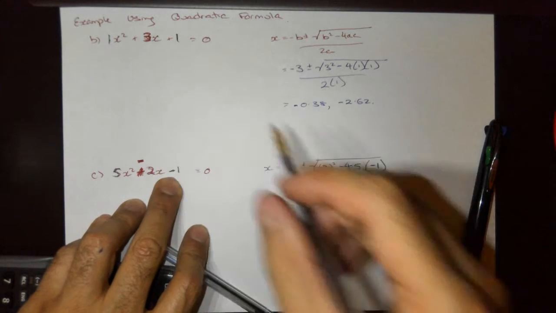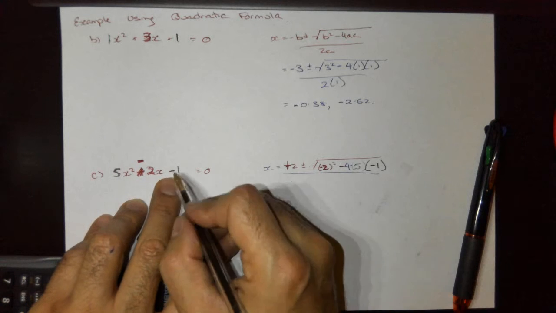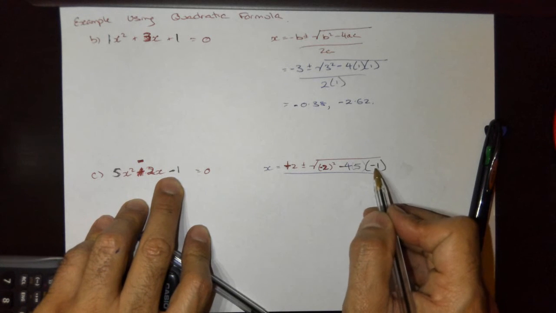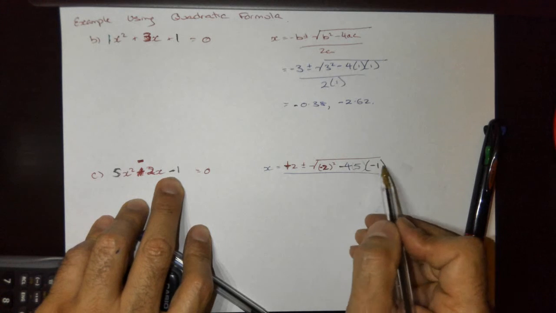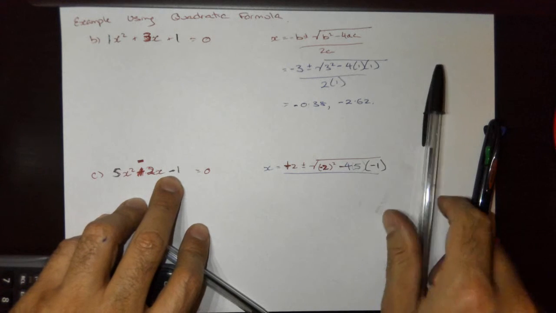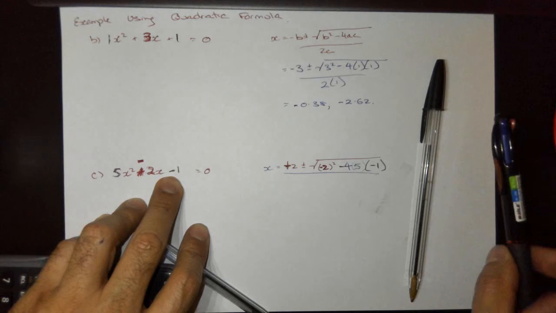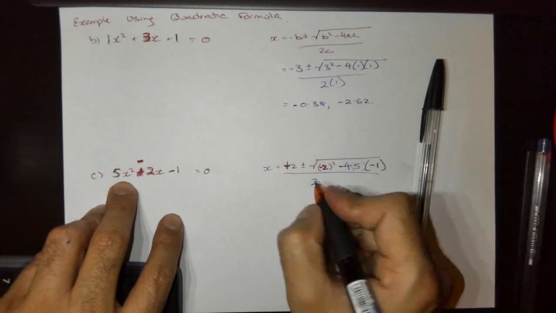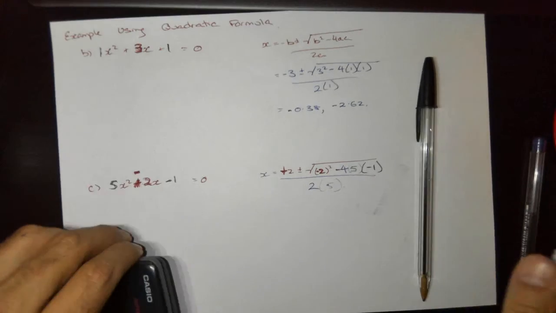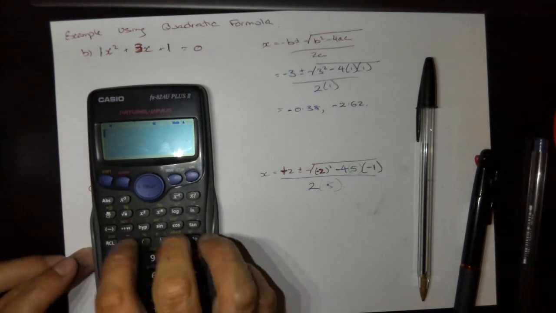All the other C's were positive, so we had a plus. But when it's negative, we have to carry the negative. The reason why is that this ends up becoming a positive, so this is bigger than that, so it will raise the powers. So we can actually find a square root. Okay, over 2 lots of A, which is 5.